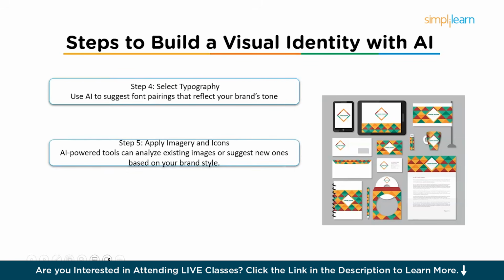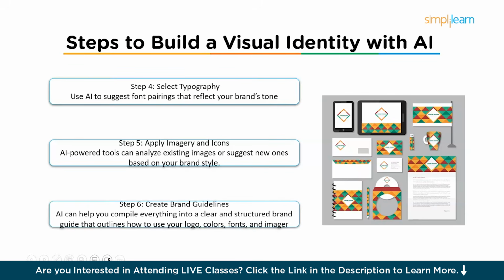Then we have apply imagery and icons. So AI-powered tools can analyze existing images or suggest new ones based on your brand style. So whether you are looking for photos or illustrations, AI can help match the right visual content to your identity. Then we have create the brand guidelines.